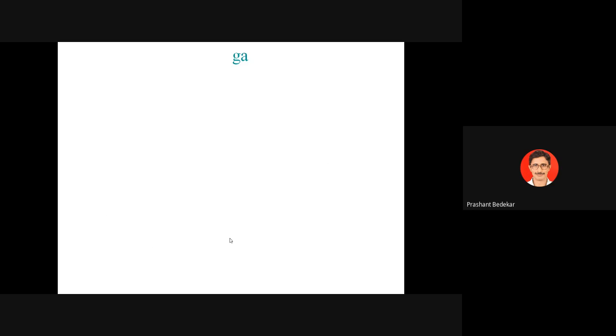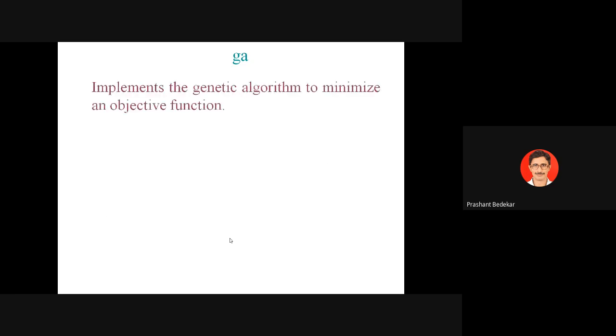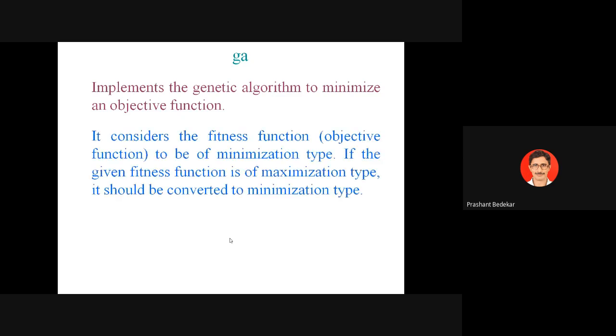Like linprog, fminunc, fmincon, likewise GA. This implements the genetic algorithm to minimize an objective function. It minimizes the objective function.